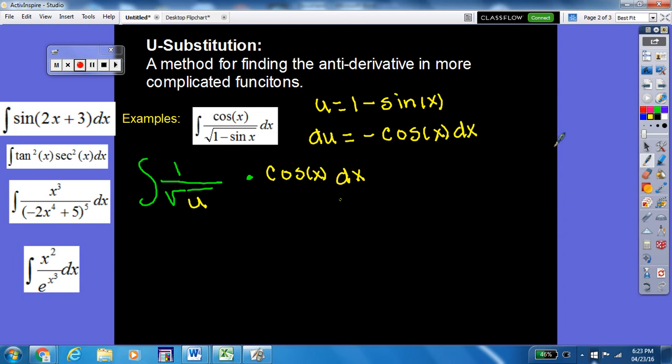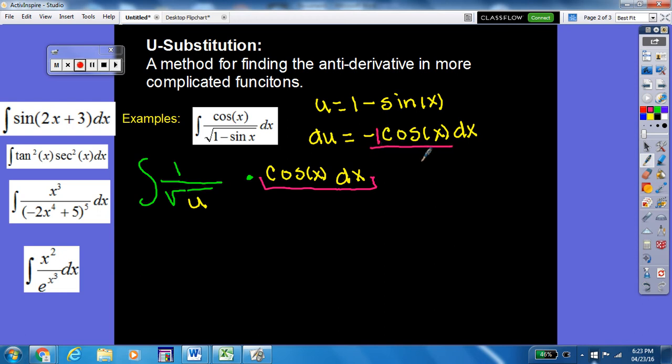Now, I'm getting ready to replace that cosine x dx because, again, we cannot have u's and x's, but we can't just do random replacement of u's and x's. We have to do it legally. And so du is equal to negative cosine x dx. Well, that's not exactly the same, but almost. Technically, this is a negative 1.